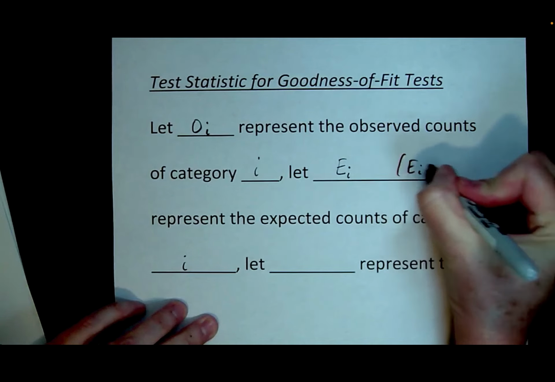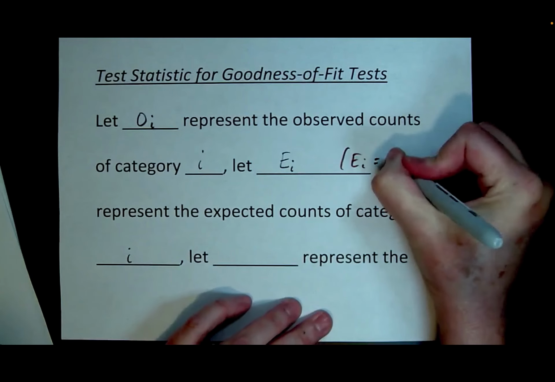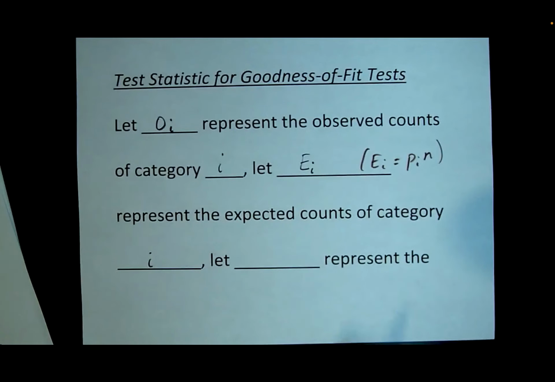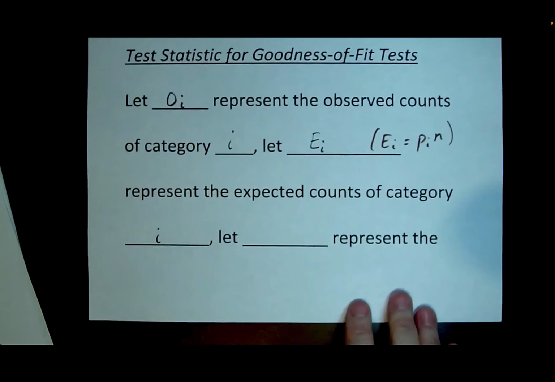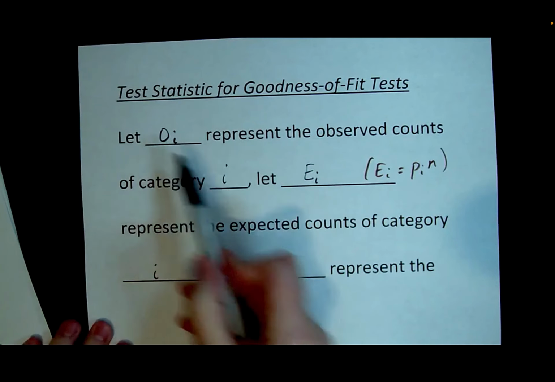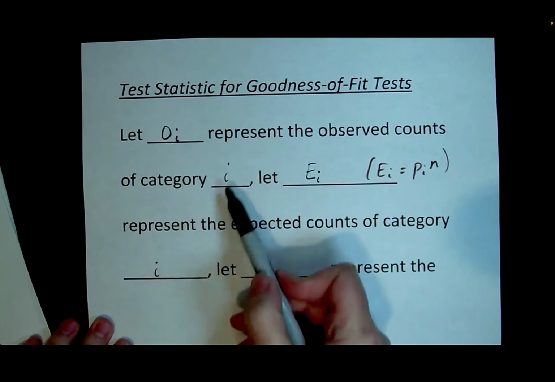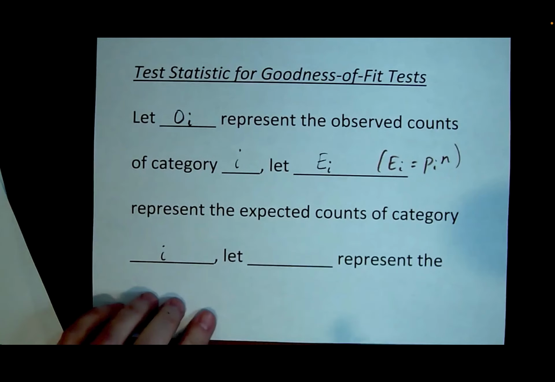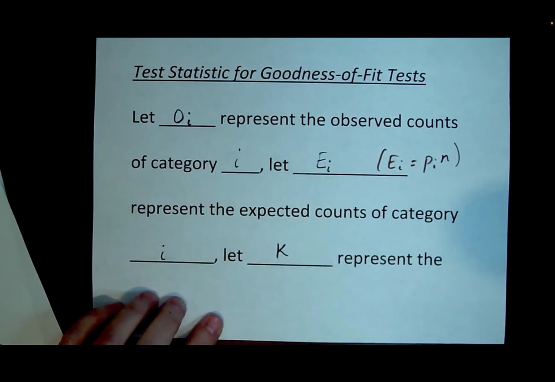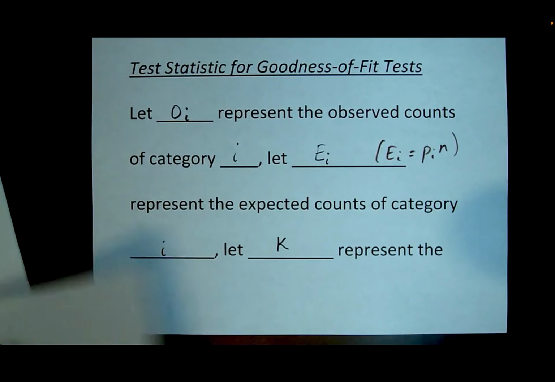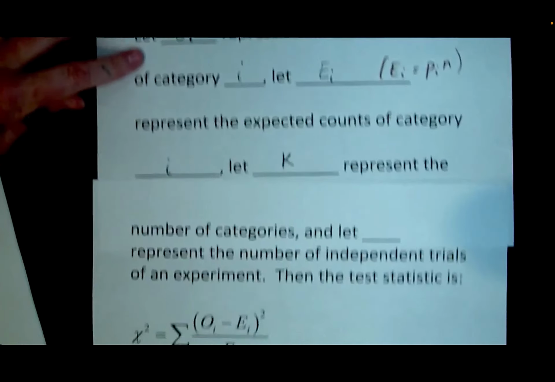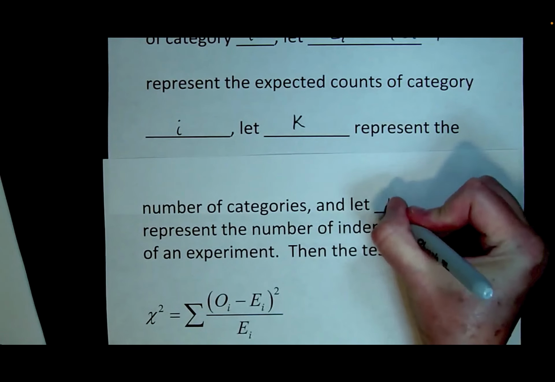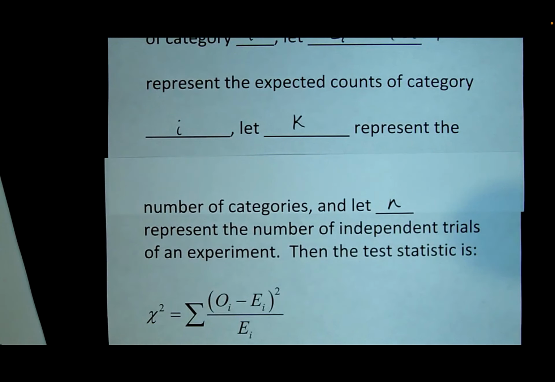It's probability of the ith category times the number of trials. Okay, so anyway, we have observed counts, expected counts. We have several categories, and I'm being generic and talking about the ith category. Let's let K represent the number of categories, and let N represent the number of independent trials.